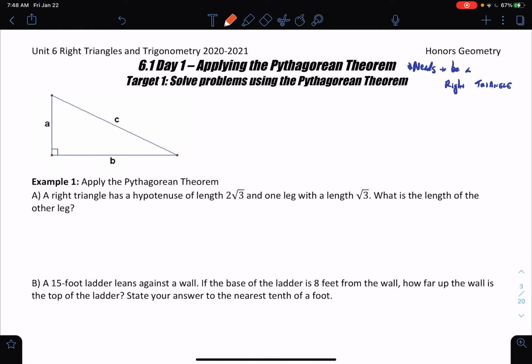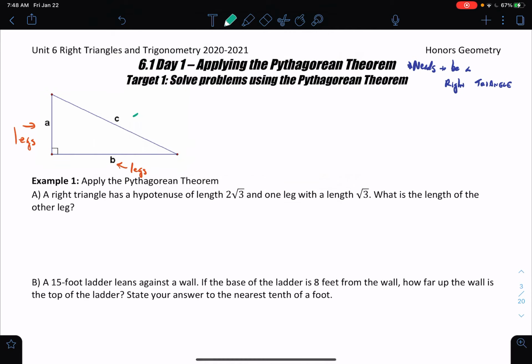A and B, these are both called legs. And then C is our hypotenuse. Okay, and we always know it's the hypotenuse because it's opposite the 90-degree angle.